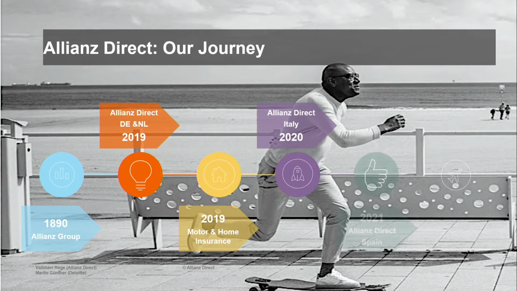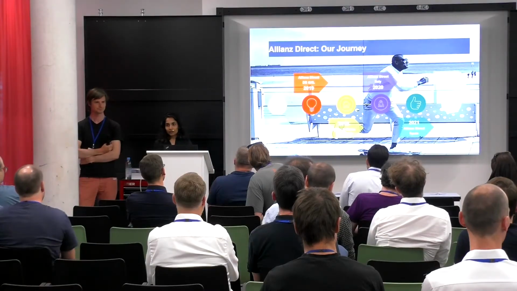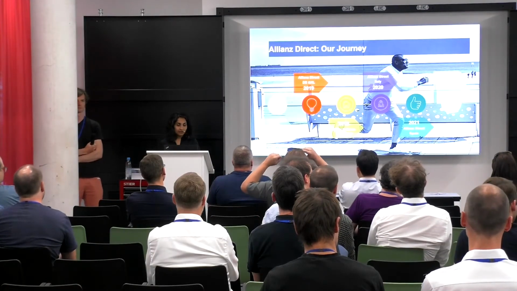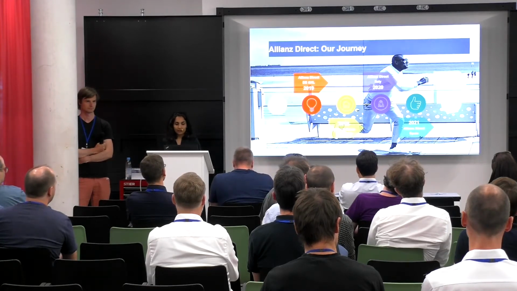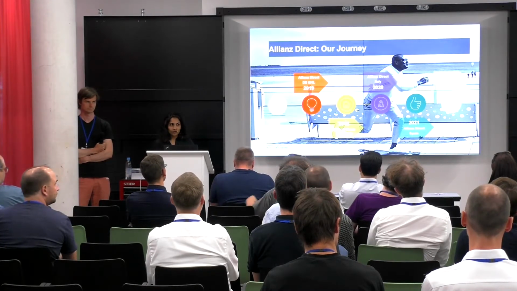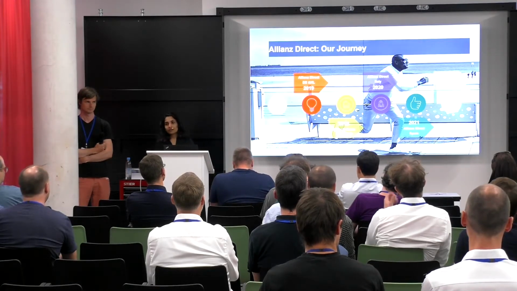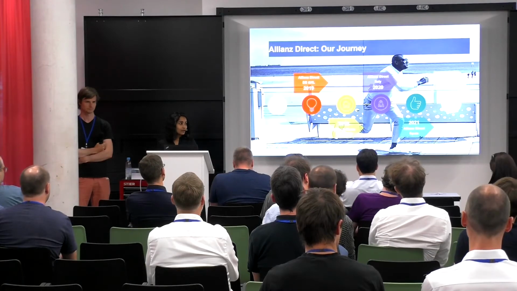The year 2019 actually gave birth to Allianz Direct. We started with 2 countries, Germany and Netherlands, and initially when we launched, we started with 2 product lines, home insurance and motor insurance. A year later, we were live in Italy, the year after in Spain, and just last year we launched our newest product, travel insurance.